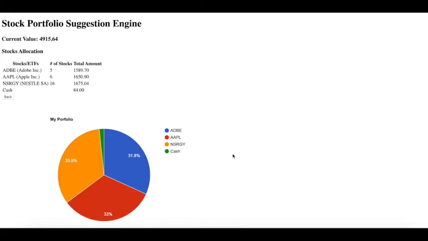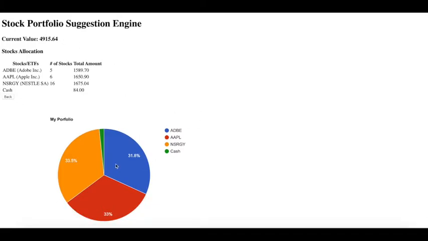For this investment strategy, we have $84 cash left. So our current value is about $4,915 of total value for our current portfolio.